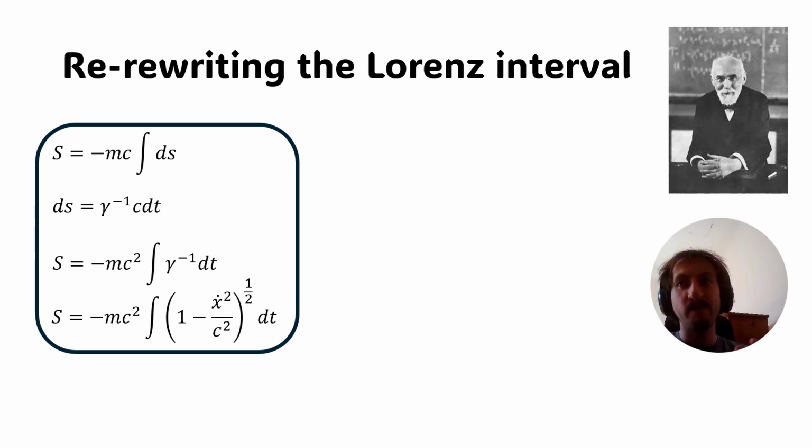To work out momentum and energy from the Lagrangian, we want to write this gamma to the -1 inside the integral more explicitly.